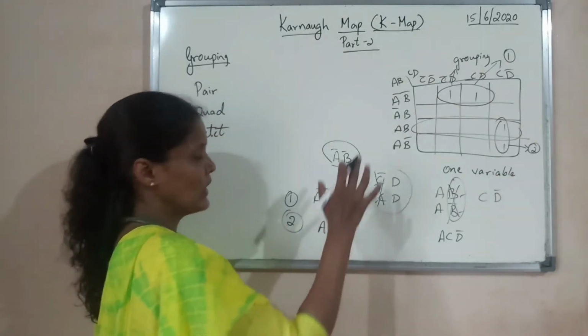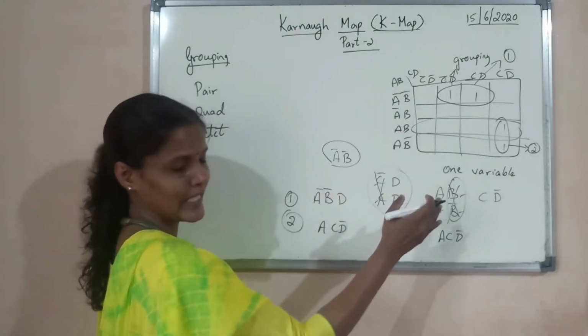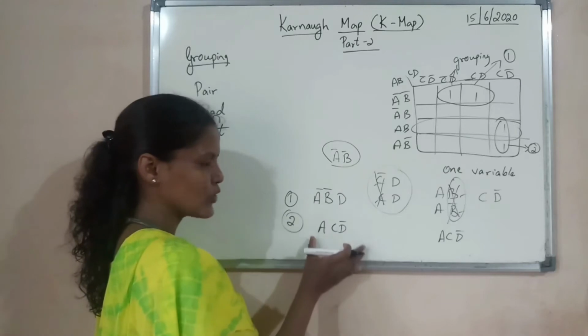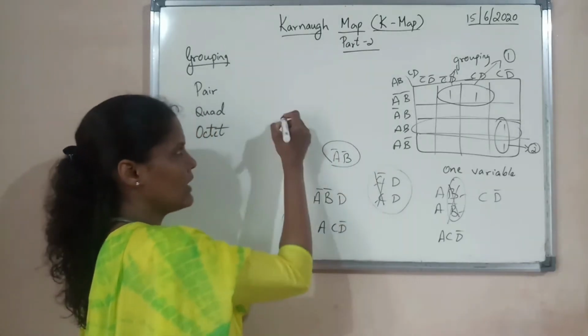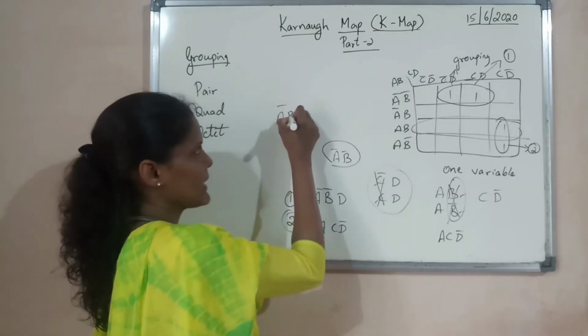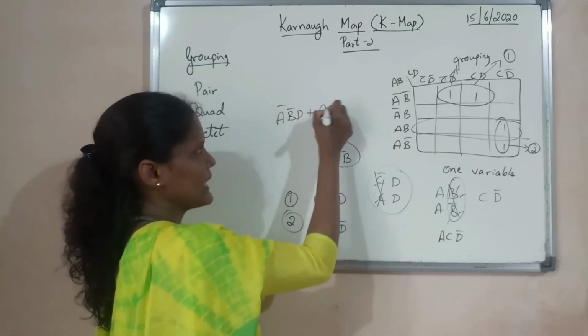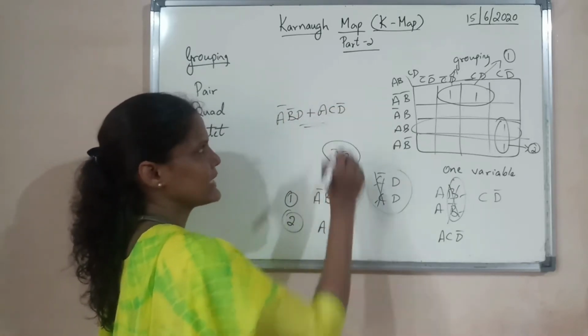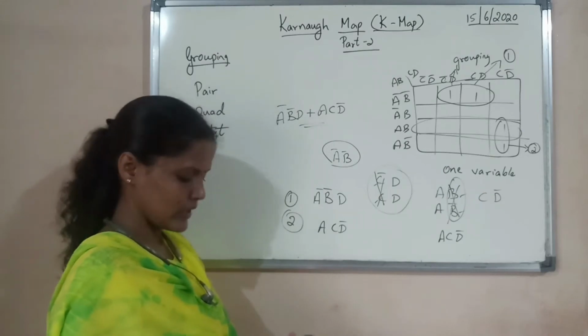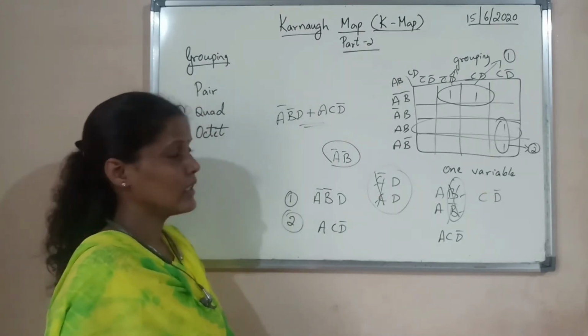Clear? Now, for the simplest form of this expression, I have to combine these two product terms by an OR symbol. A bar B bar D plus A C D bar is the final expression for this particular K-map.